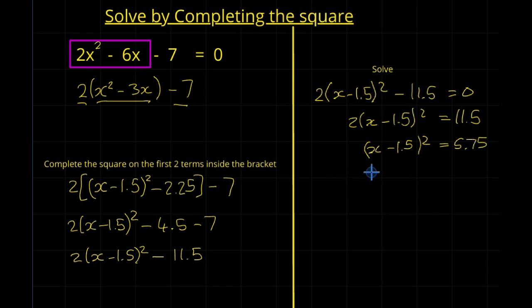Then we can take the square root. And then my final answer is x equals 1.5 plus or minus the square root of 5.75. That's in surd form, but we could use a calculator if we wanted to put it into decimals.